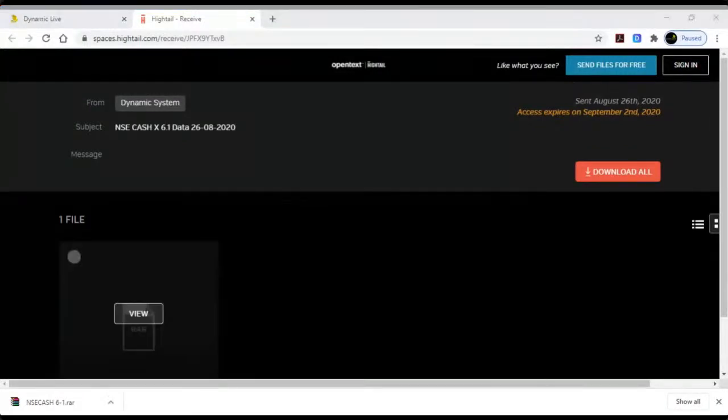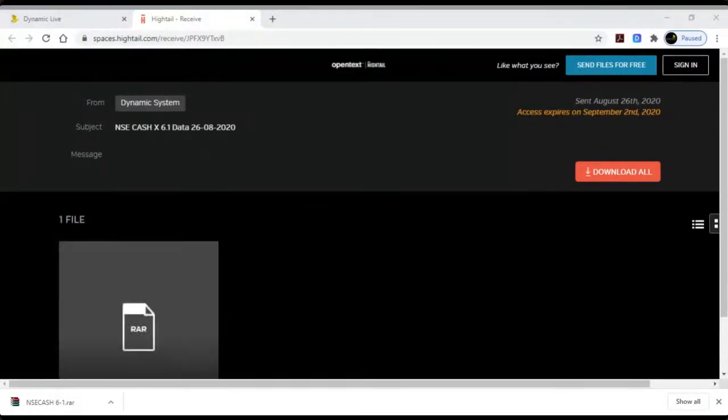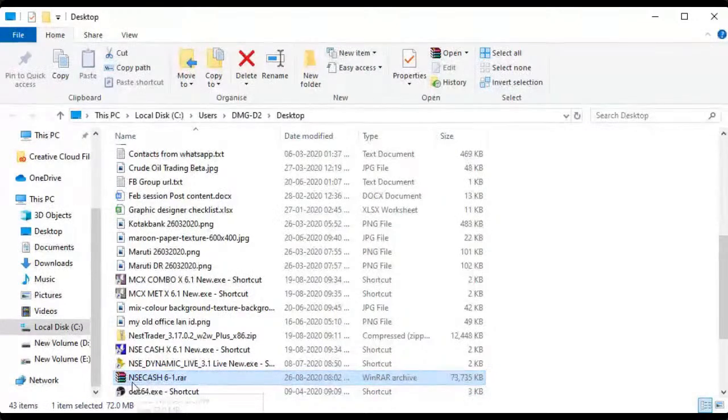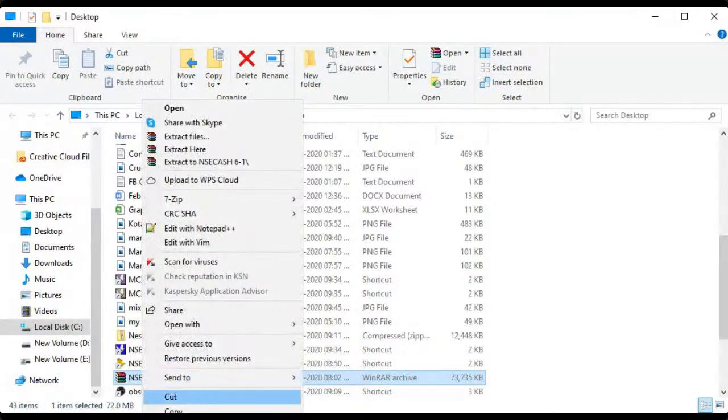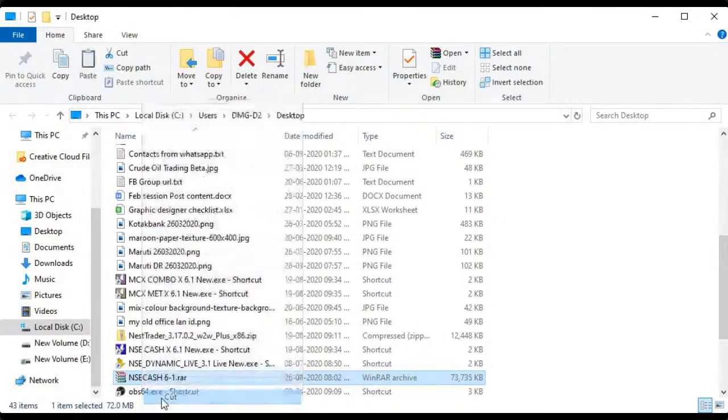Click on it. This is where it has been downloaded. There's the file NSE cache 6.1. Right click on it and use the option Cut. After you are done with this, close it.